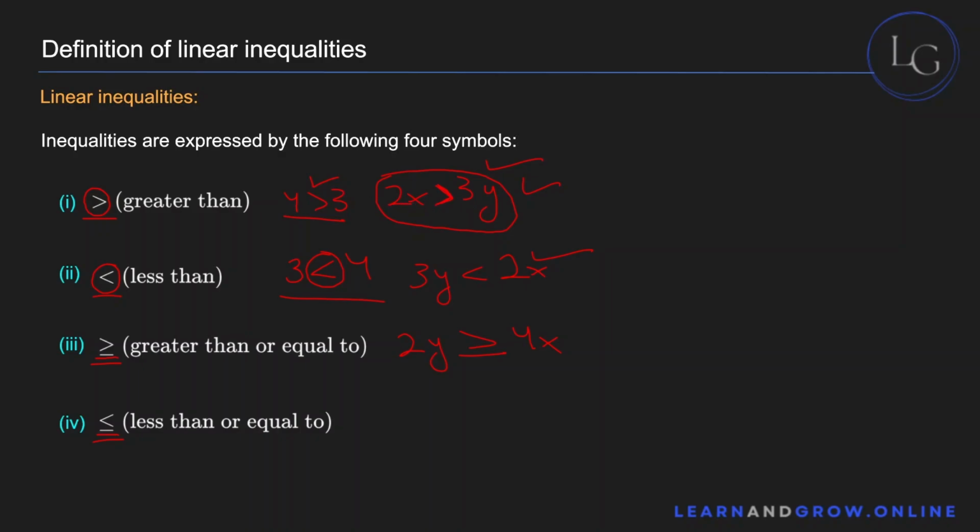It just says that 2x is always greater than 3y. So over here, we are saying that 2y is greater than, but it is also equal to 4x. And similarly, 4x is less than or equal to 2y. This expression and this expression are the same thing. Again, the direction in which the symbol's mouth is pointing towards is the greater number.